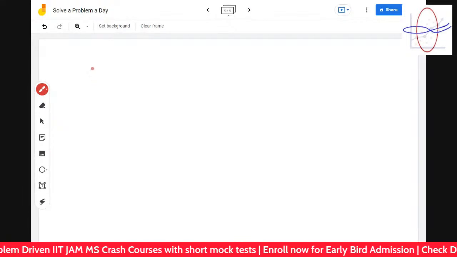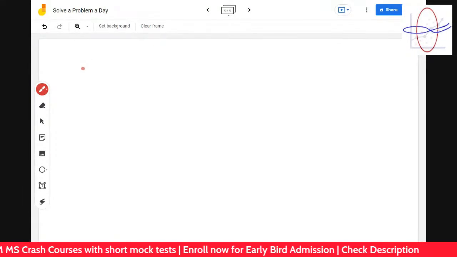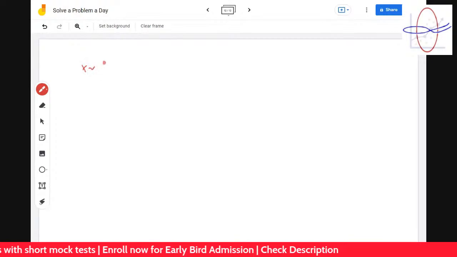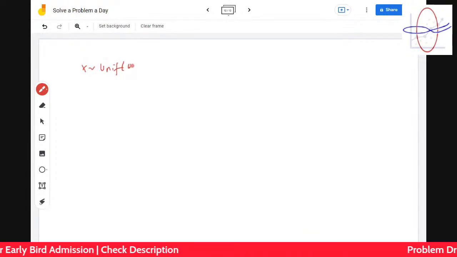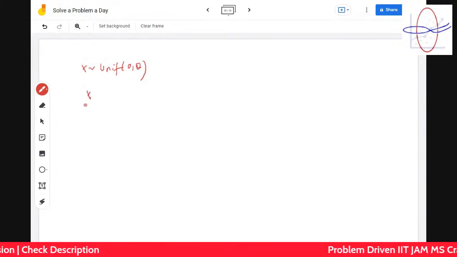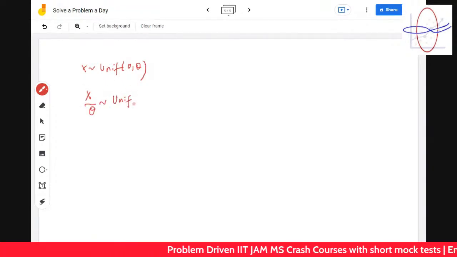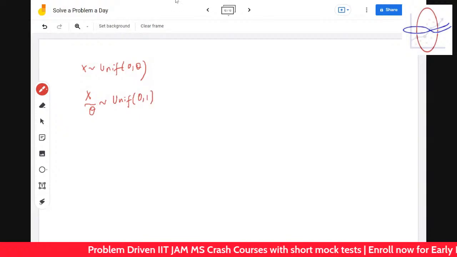If X follows uniform 0 comma theta, then X by theta follows uniform 0 comma 1.